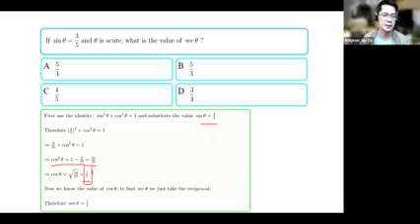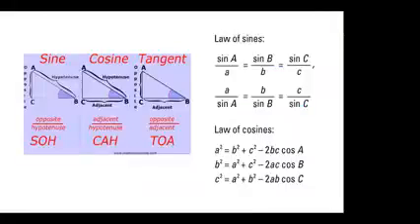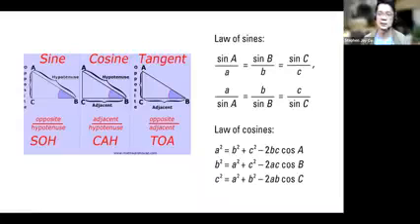Yeah. So these are some examples. Take note of how you could answer this by using your knowledge of the trigonometric identities. Next would be the law of sines and the law of cosines. So we have the law of sines: sine A over side a, sine B over b, and sine C over c, and vice versa, the numerator and denominator, as long as they correspond.